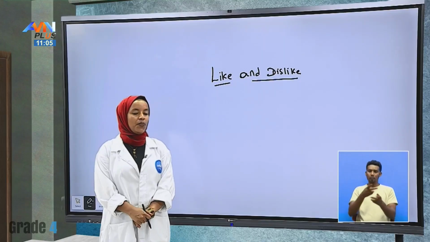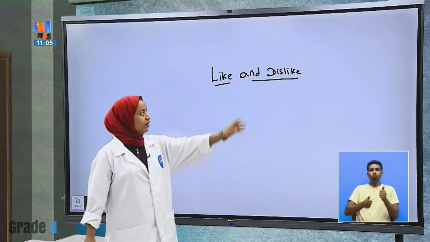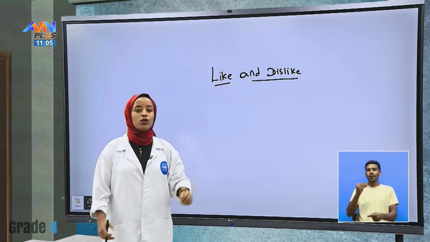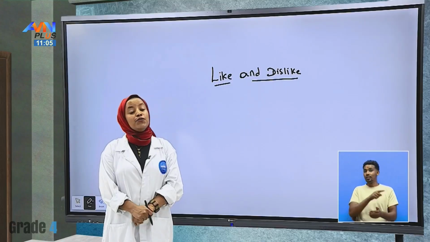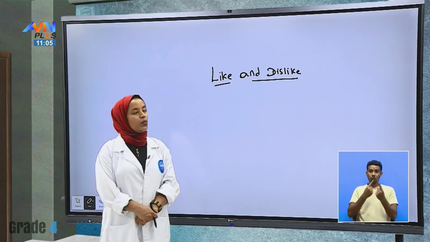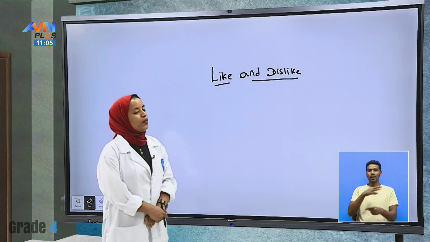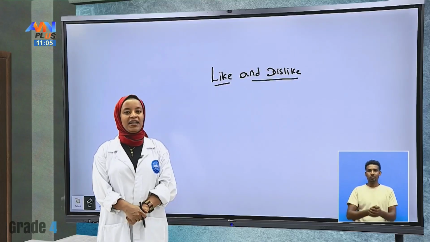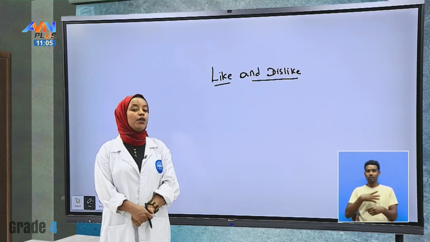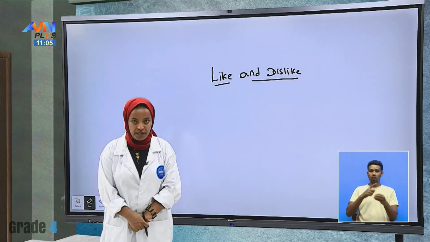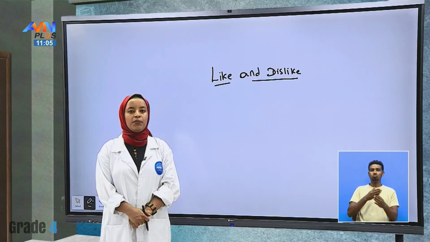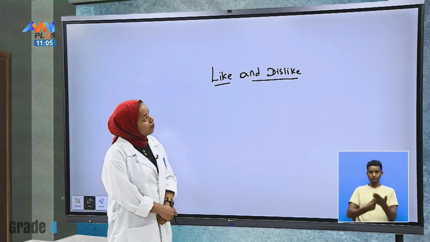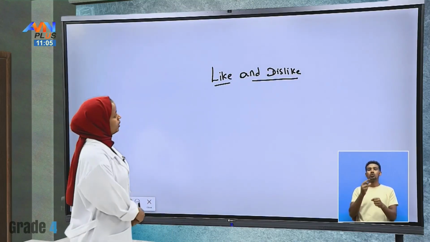And also, these are the questions related with like and dislike. And also, there are some vocabularies that we are going to use with like and dislike. Like and dislike is a topic which talks about preference. So we can use some vocabularies with this.